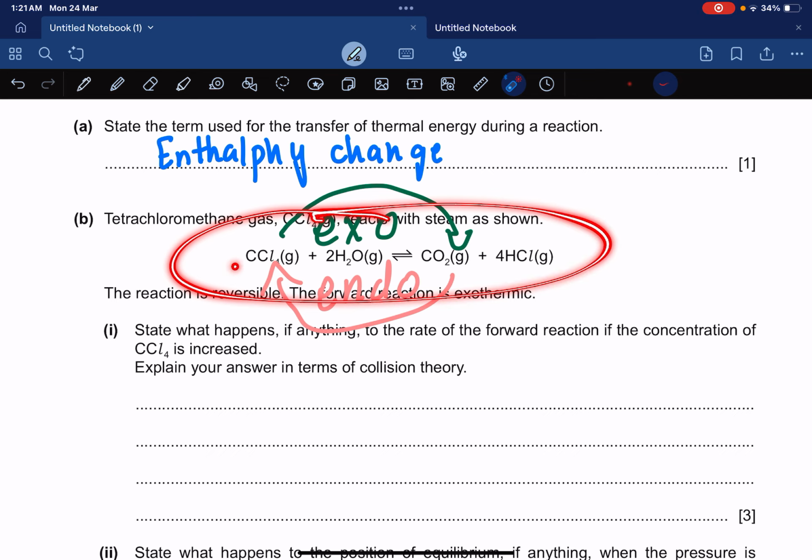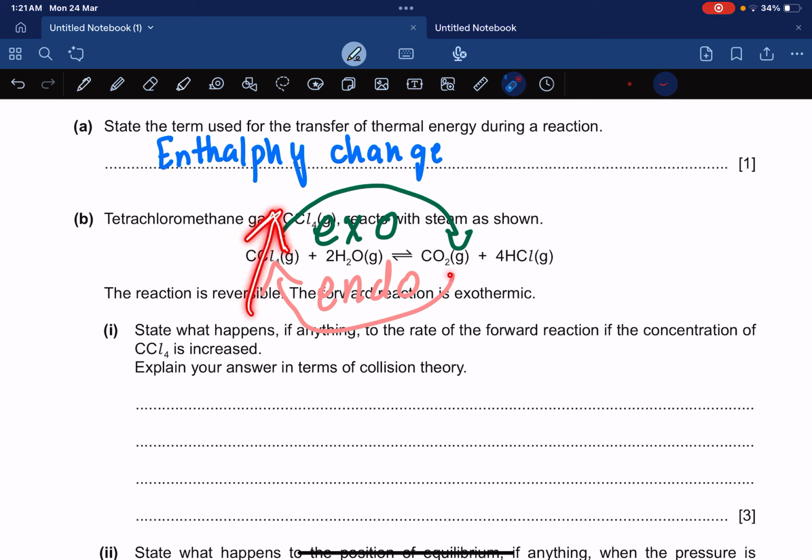So if you increase the concentration of the reactants, in order to decrease it, equilibrium is going to form more of the product. If you increase the temperature, equilibrium is going to move towards the endo side to decrease it. Endo means heat will be absorbed. So if you increase the concentration of your reactants, the equilibrium is going to move towards the forward side.